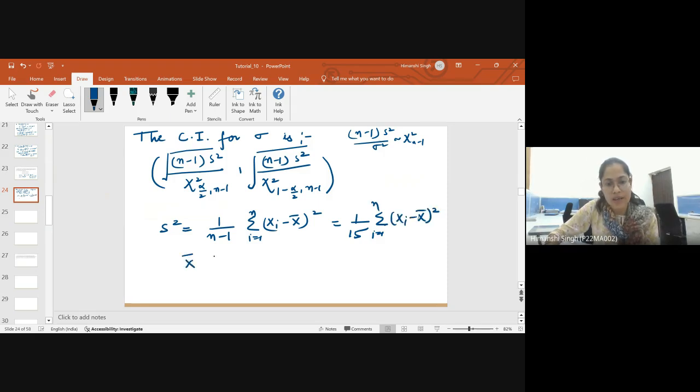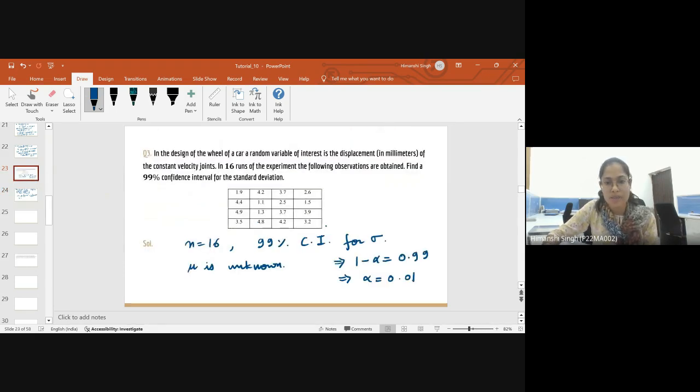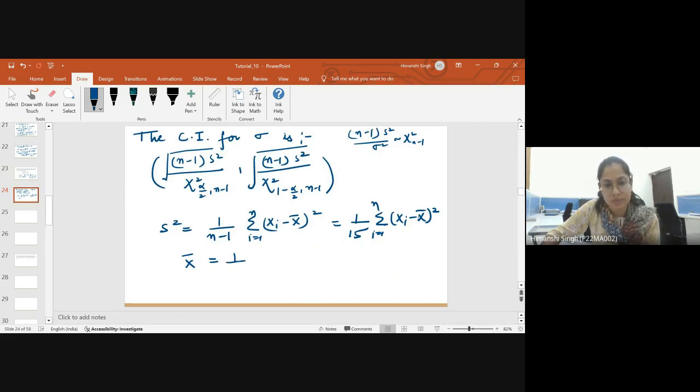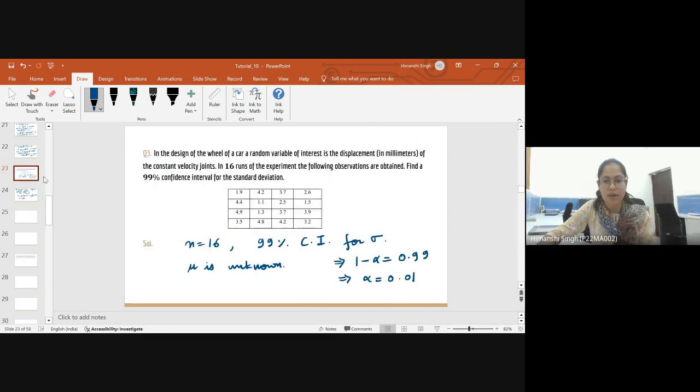So just calculate what x bar is for these values. What is this x bar?